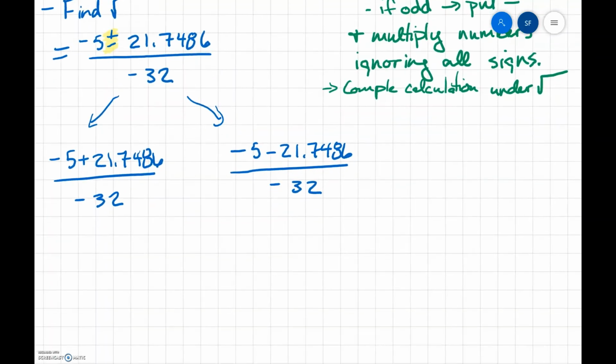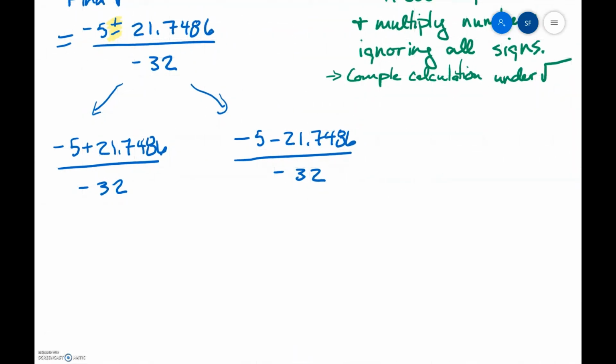So calculate the tops of both of those. -5 plus 21.7486 becomes a positive 16.7486 divided by -32. And when you divide that out, you get -0.5234.